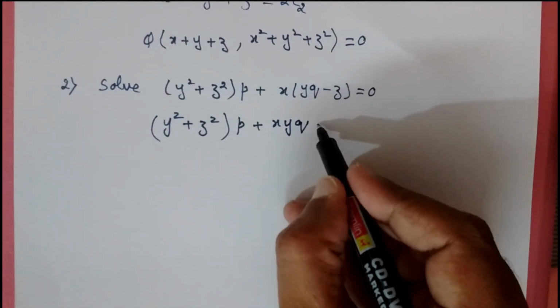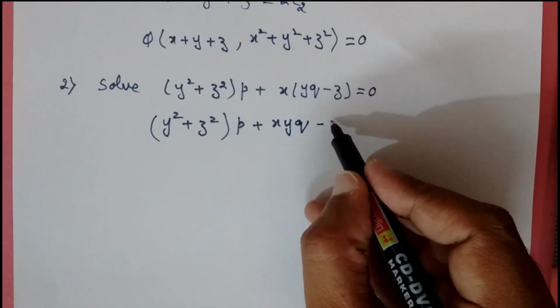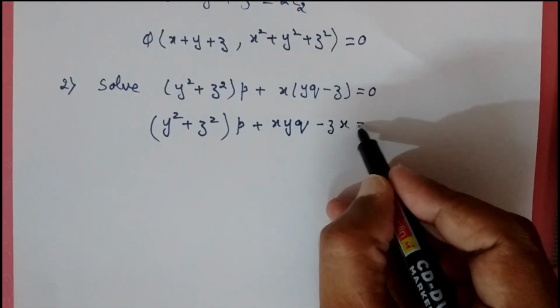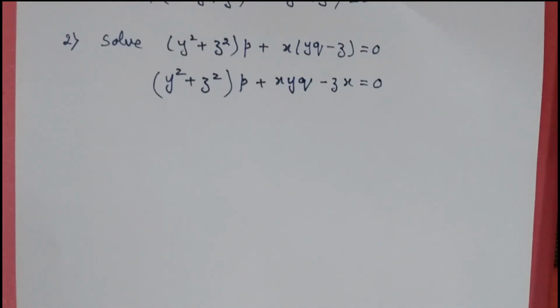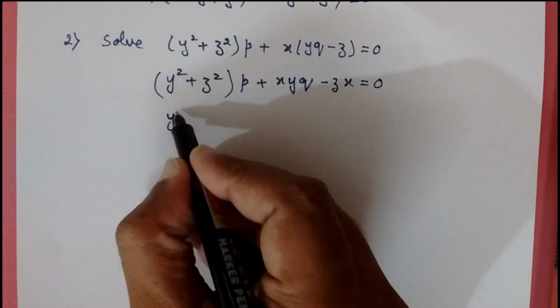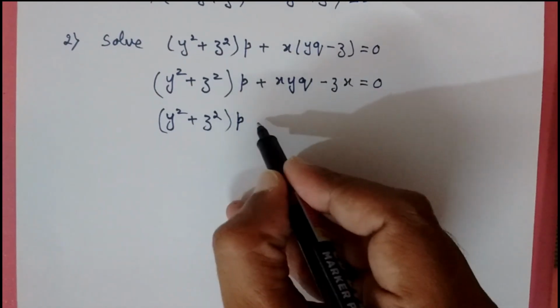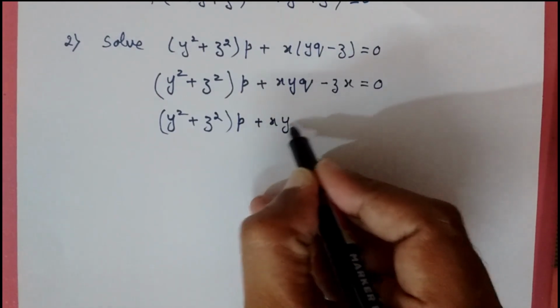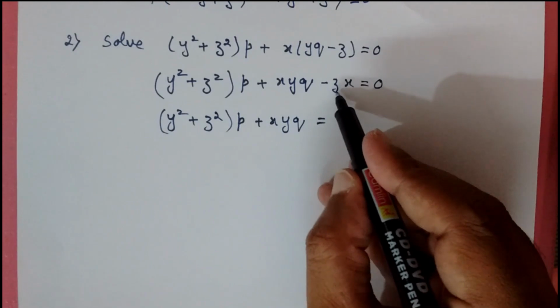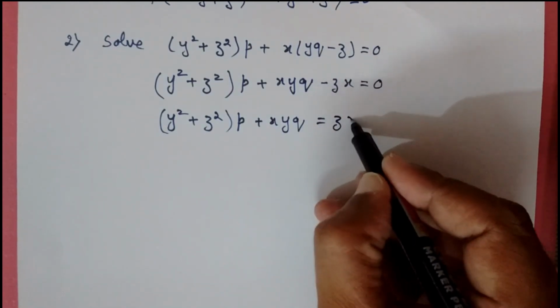Again it's plus into minus minus x into z or zx is equals to 0. Or further you can simplify, it is y square plus z square times of p plus xy times of q is equals to, you take this zx on the other side, it becomes plus zx.